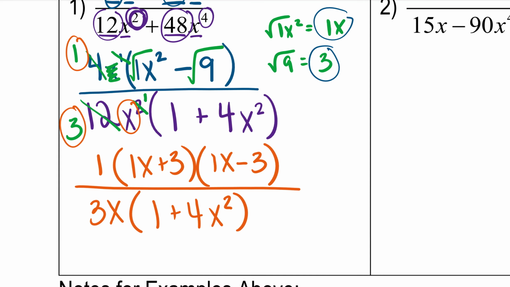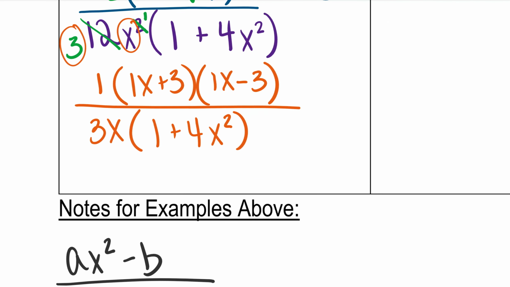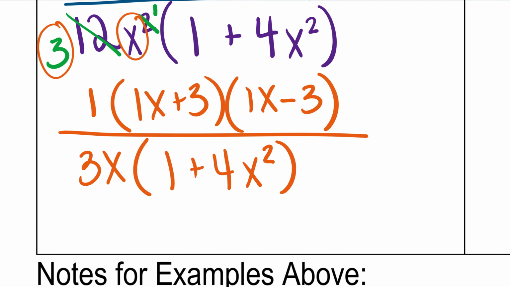Because remember, if I'm adding an x squared, I can't factor it, but if I'm subtracting, then I might be able to. Not always, but I can sometimes. Okay, so now let's look at what's left here. I've already reduced my GCF, my 1 and 3x. I can't do anything there. Then you just see if I have any parentheses that are exactly the same on the top and bottom.